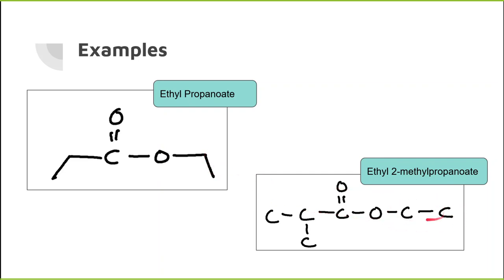I just drew it not in a stick formation. So this was an ethanol originally that bonded in here. So that's your ethyl. And then here you've got a propyl, but you got a methyl group hanging off of that. So this becomes 2-methyl propanoate. So ethyl 2-methyl propanoate. Any questions there?